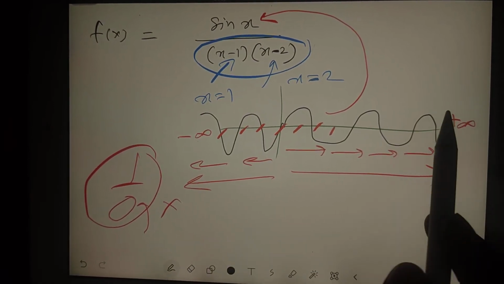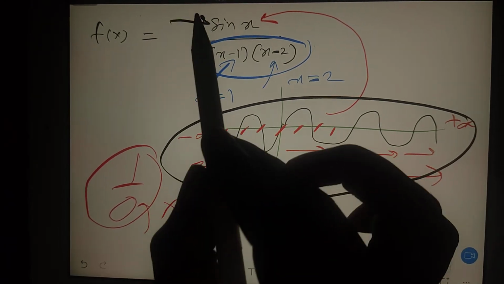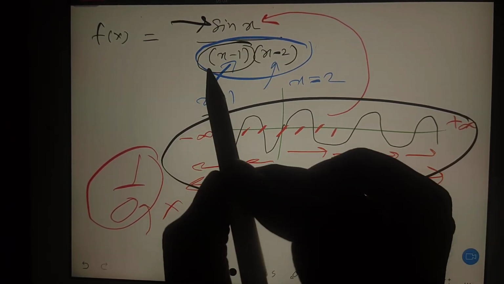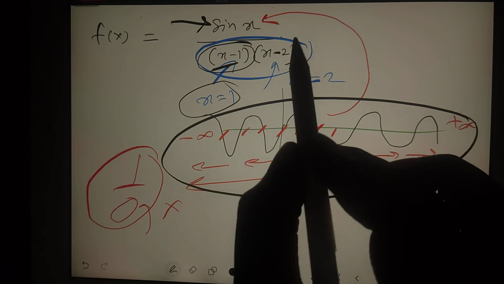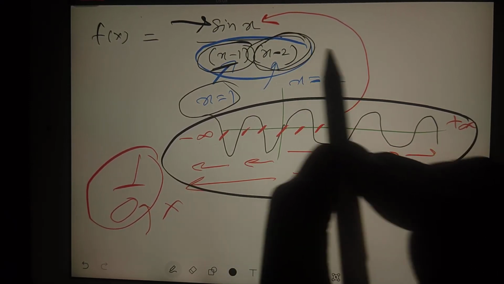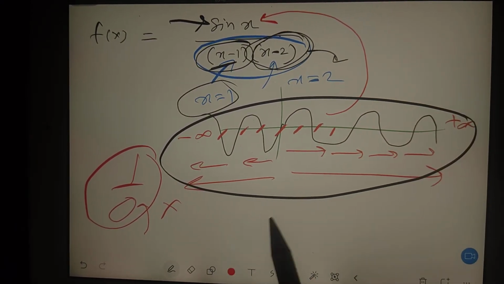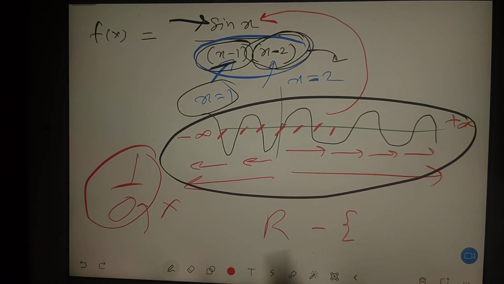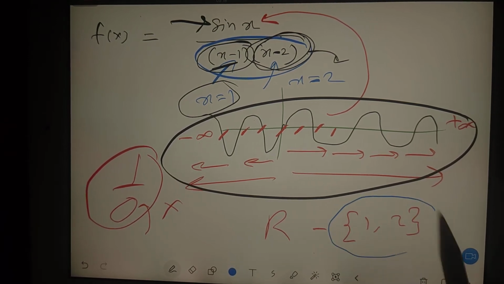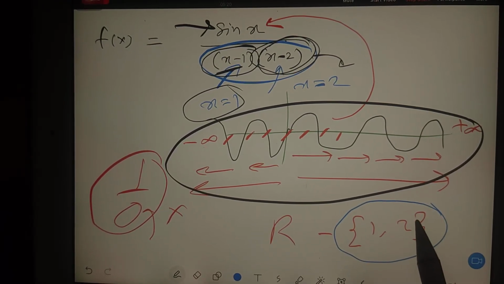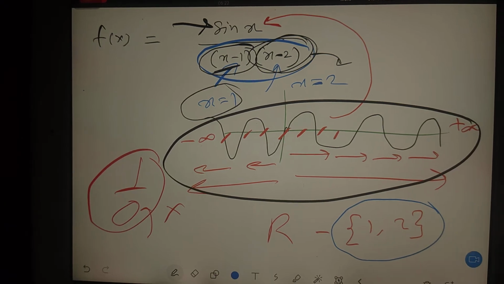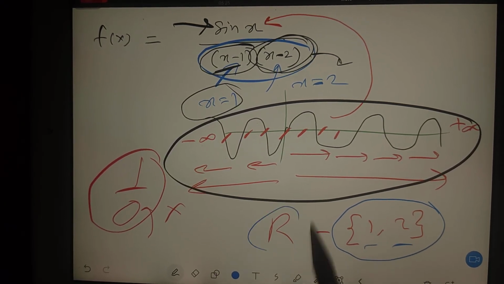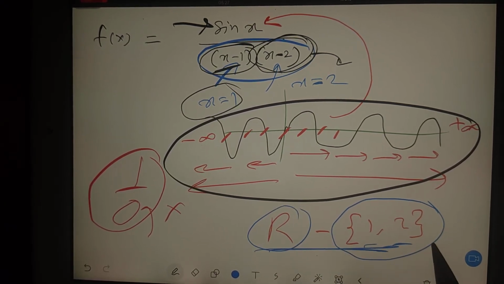I can choose any number because of sin x, and any number other than 1 and 2 because of the brackets. It means I can choose any number in R, but I have to remove 1 and 2 alone. You may know about this curly bracket from the previous lecture. So these two numbers I have to remove from R, and this total will become your domain.